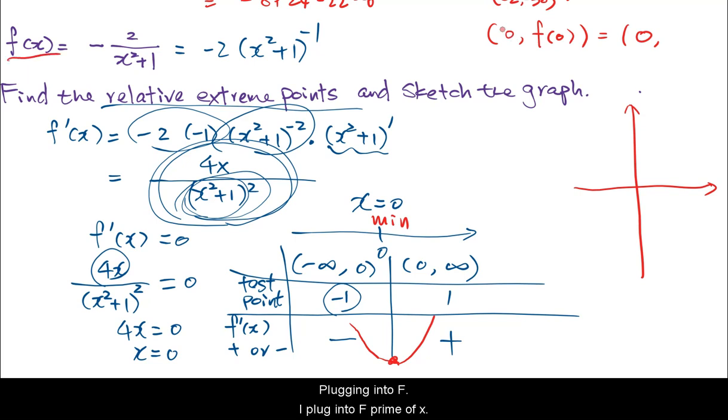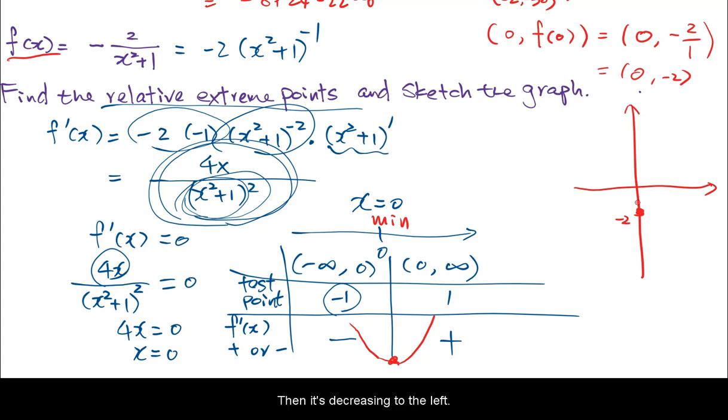I plug into f, not f prime of x. Plugging into f, you have -2 over 1, which is -2. So it's 0, -2. Let's say it's here. Mark this as a local minimum.